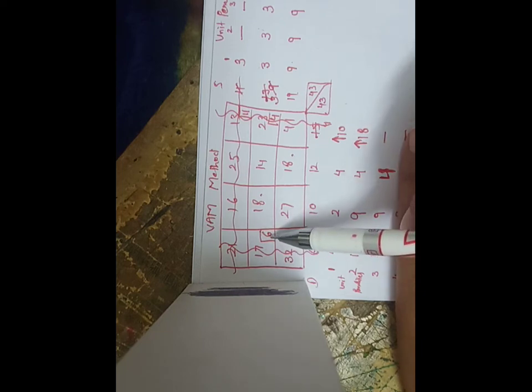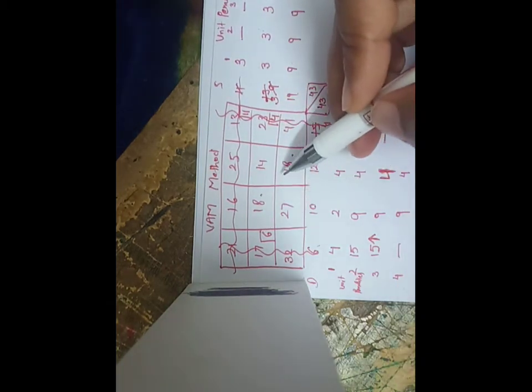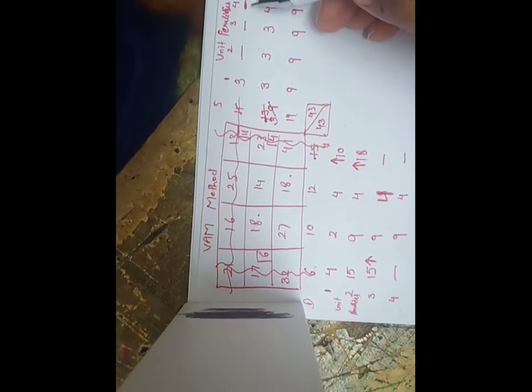After calculating unit penalties, we have selected the largest unit penalty. And after allocating at the lowest cell, this column is fully exhausted and I have cancelled this column. Okay. Now calculate the other unit penalties of the remaining cells. There is no unit penalty for the exhausted one. 18 and 14, 4. 27 and 18, 9.